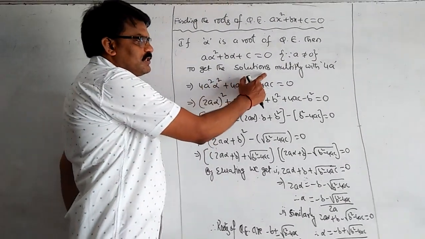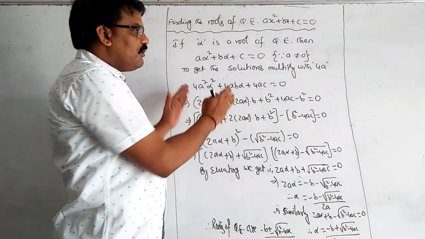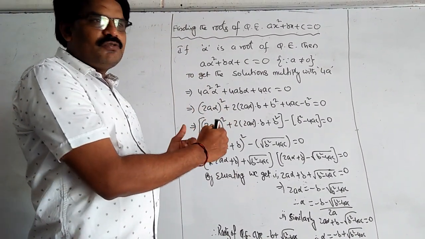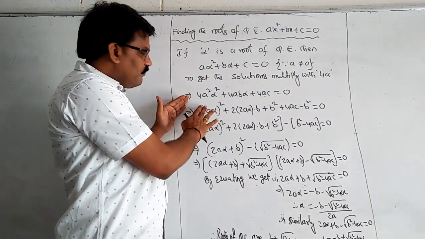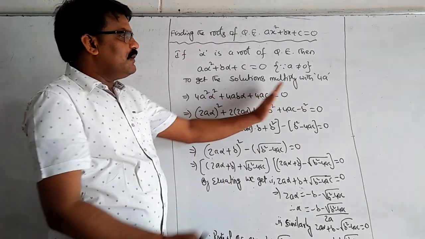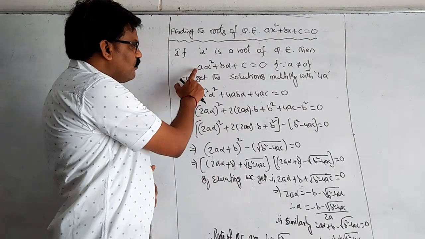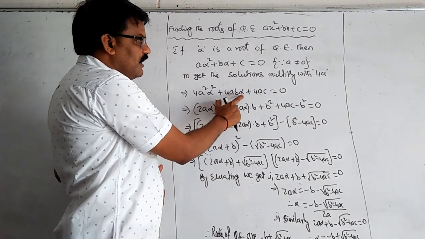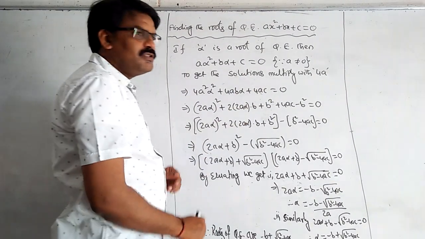To get the solutions, multiply with 4a. While multiplying with 4a, we have to solve for the value of alpha. Just for convenience, we are multiplying with 4a. It becomes 4a square alpha square plus 4ab alpha plus 4ac equal to 0.